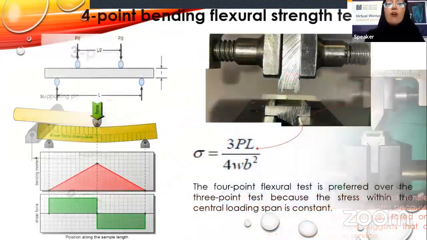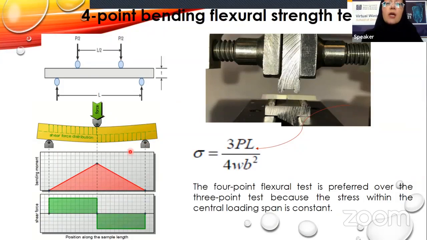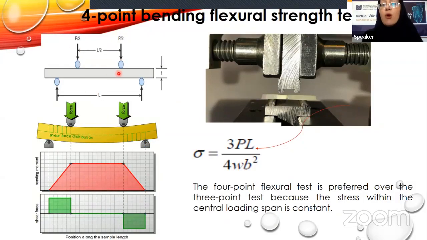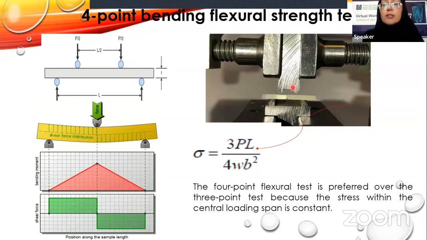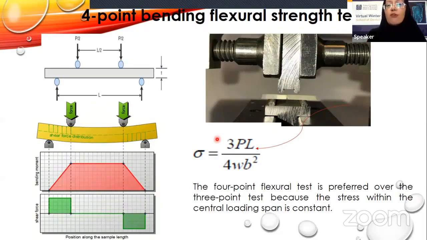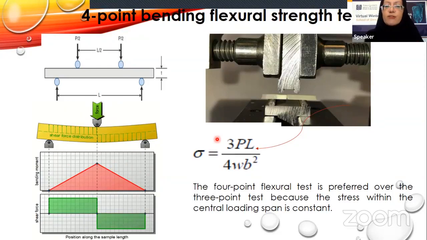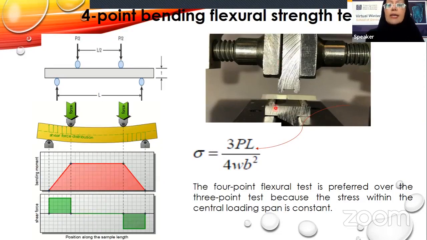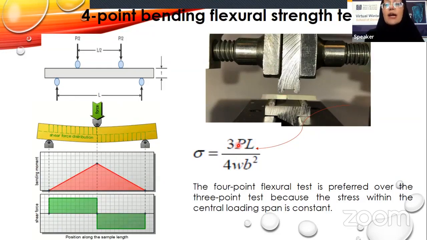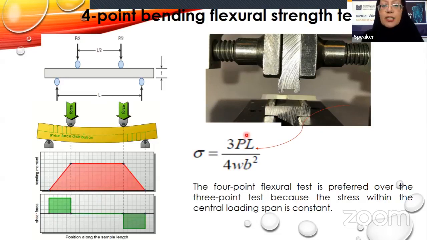For 4-point bending flexural strength, we have two different points for applying loads, and the equations of 4-point and 3-point bending are different from each other. Again, we get the fracture load from the universal testing machine.